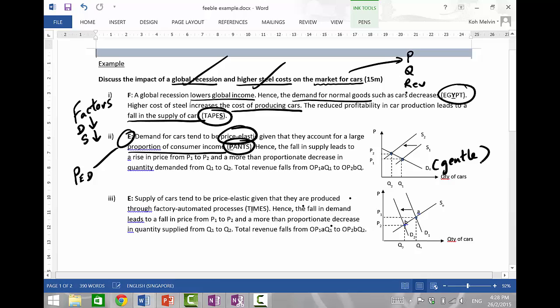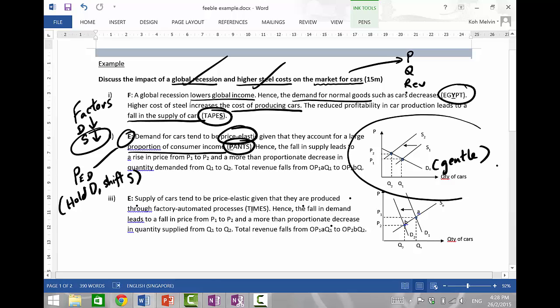And we combine the slope of the demand curve with the fall in supply, which we identified in the first step, because to assess PED, we need to hold demand and shift supply. So this is what we have done here. With a gentle demand curve and a fall in supply, we see a rise in price, a more than proportionate fall in quantity demanded, as well as a fall in total revenue.